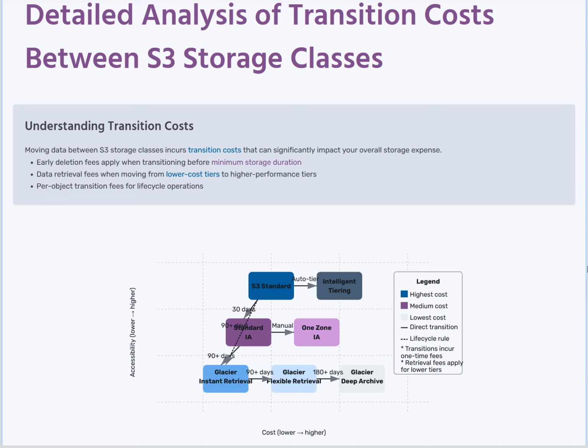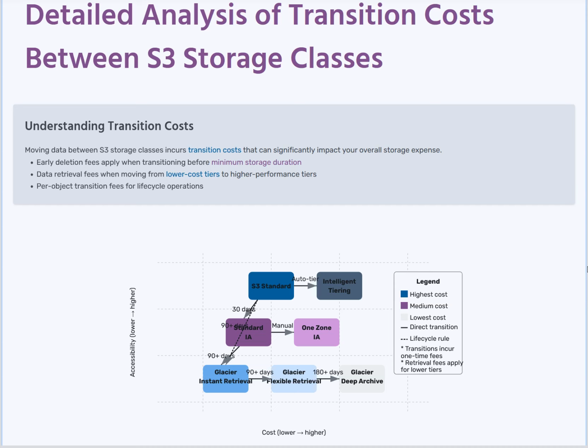And data retrieval fees when moving from lower cost tiers to higher performance tiers. Let's say if you have something in the archive tier and then you're moving into a standard tier, that retrieval fee will be applied per object.